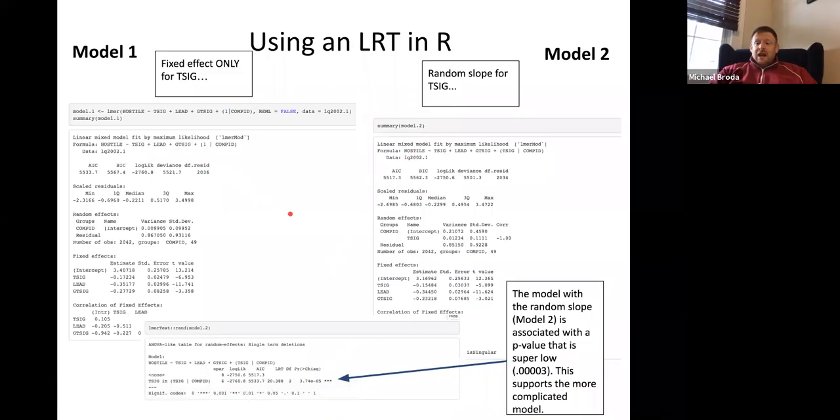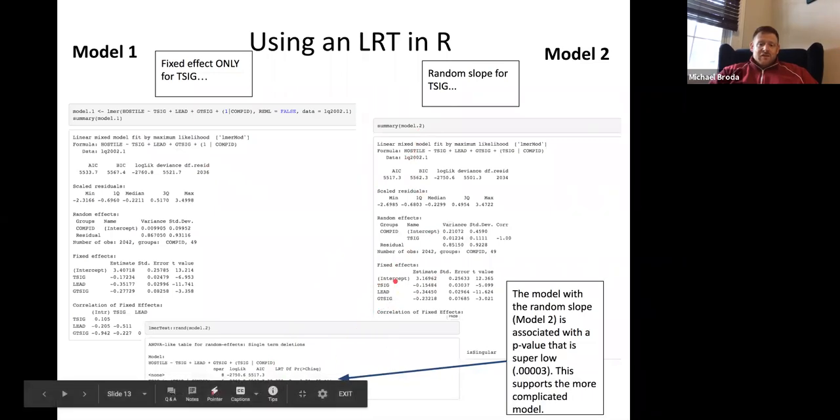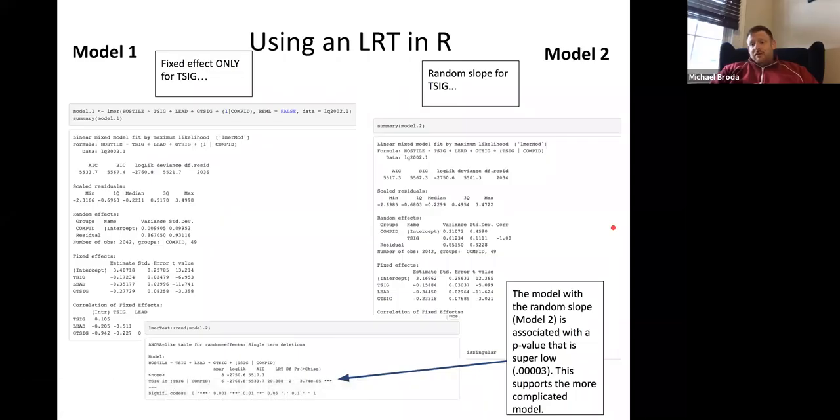So it actually went down from 5533 to 5517. That should be significant, and it is. The LRT and the p-value give us our result. We get a very, very small p-value, so we have additional support using the likelihood ratio test.